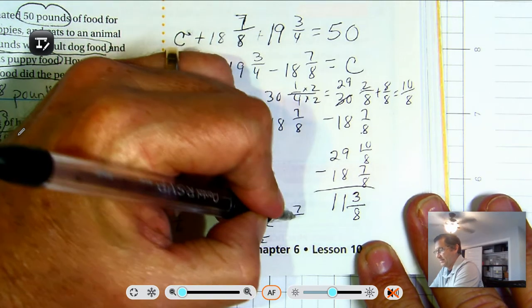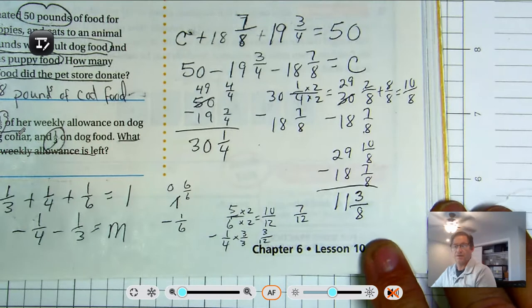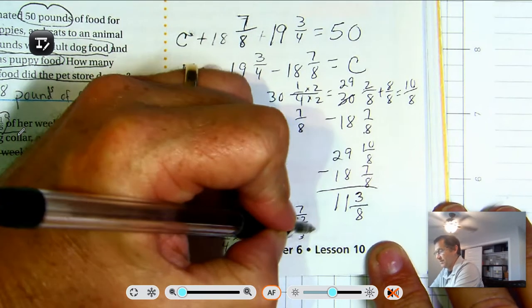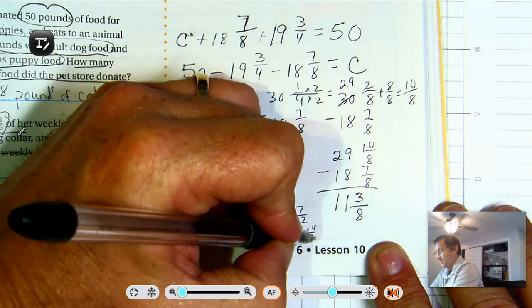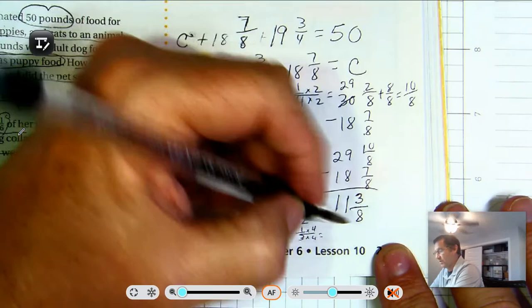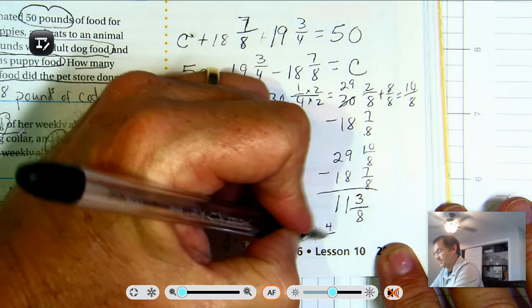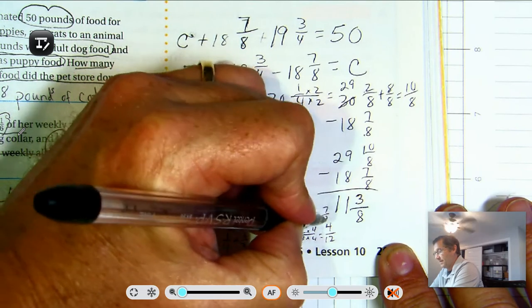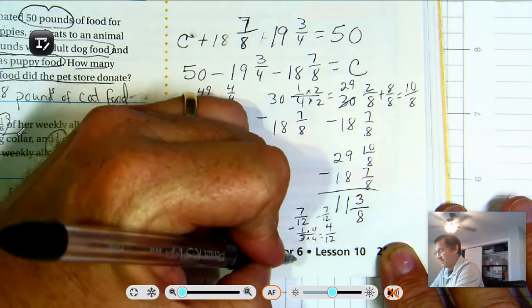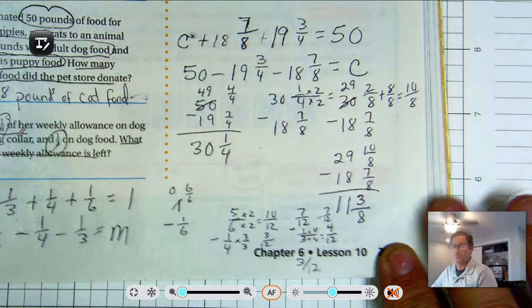So 1 minus 1/6. Well, let's change the 1 to 6/6. So that's 5/6. Now take away 1/4. 5/6 take away 1/4. I'm going to turn them both into twelfths. And that leaves me 7/12 minus 1/3. I can turn thirds into twelfths by multiplying by 4. And 7/12 take away 4/12 is 3/12.